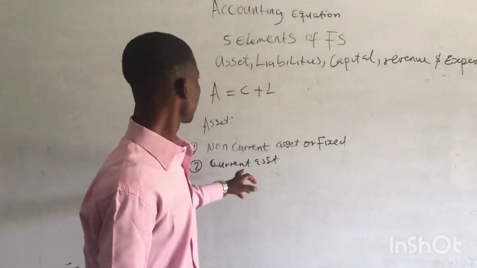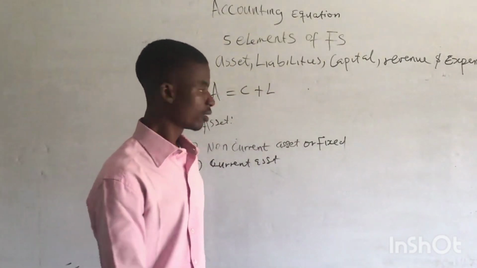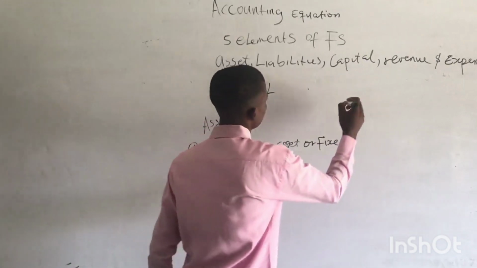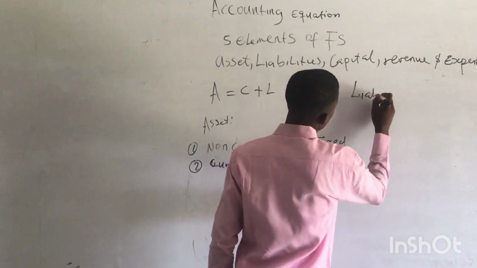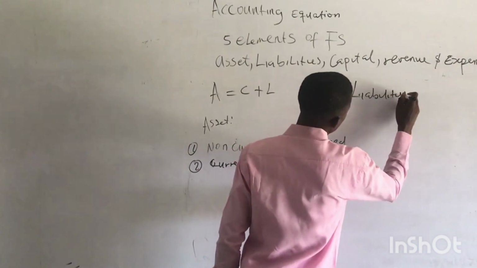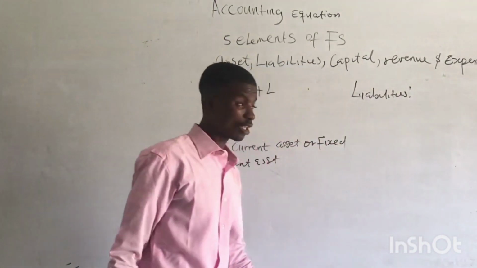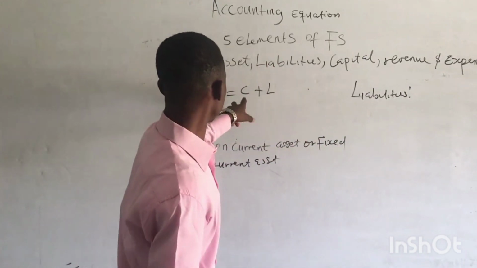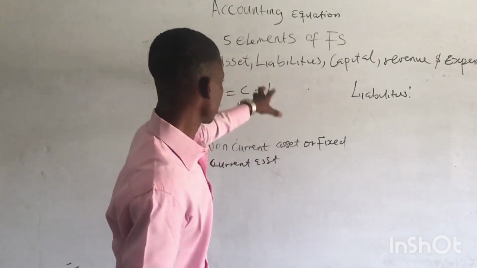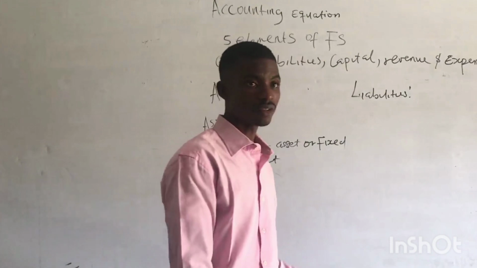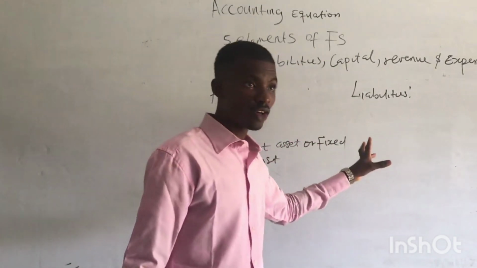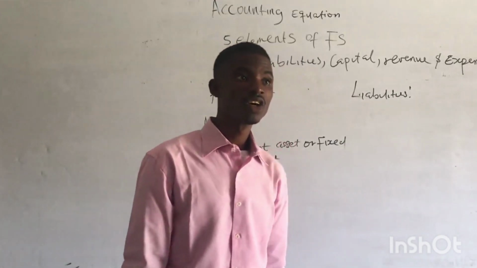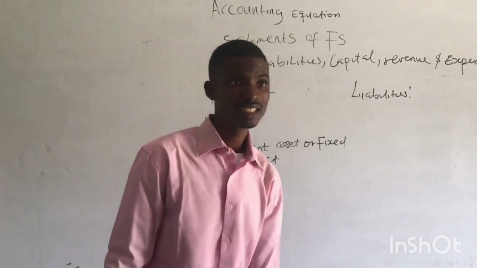So now let's look at liability. We are just trying to look at the meaning of these three concepts before we go into the mathematical expression of the equation. The liability is the claim of the outsiders on the total asset of the business.